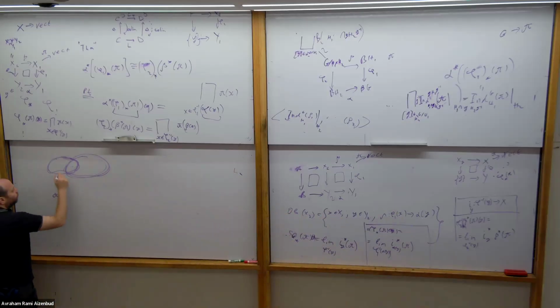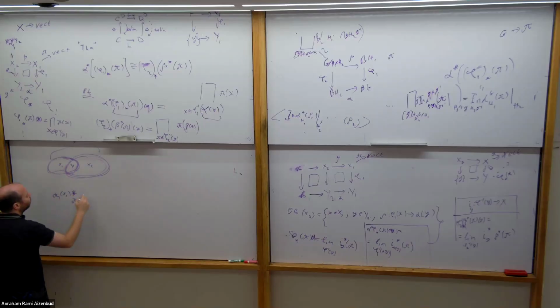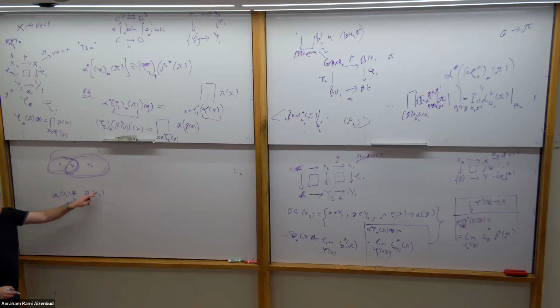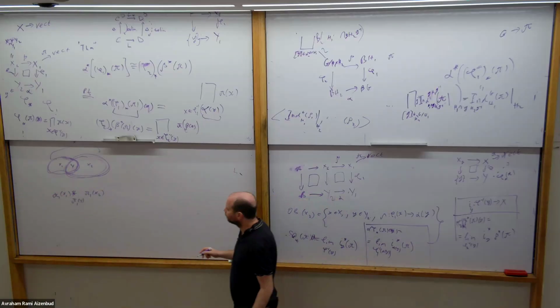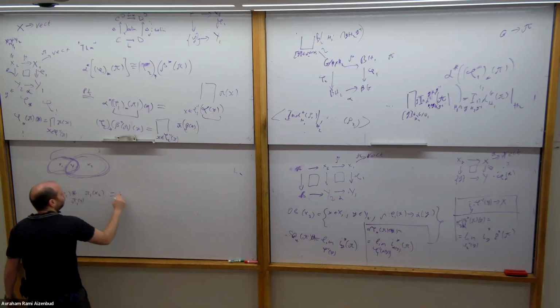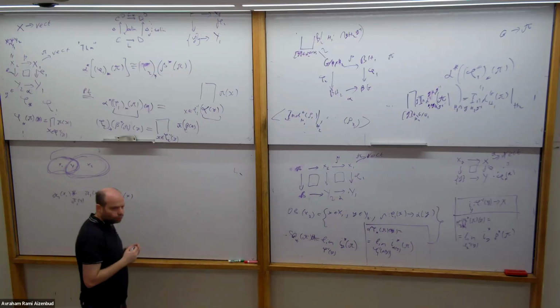Here x1, x2, and the total thing is x. This is pi one of x1, amalgamated product over pi one of y with pi one of x2, and this is pi one of x. You know the theorem.